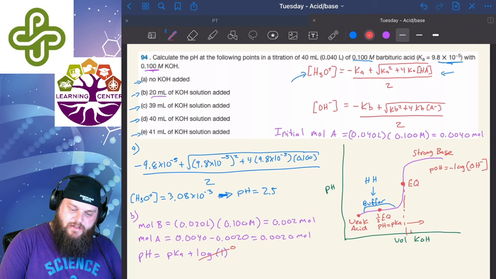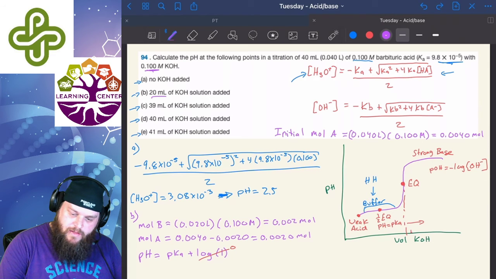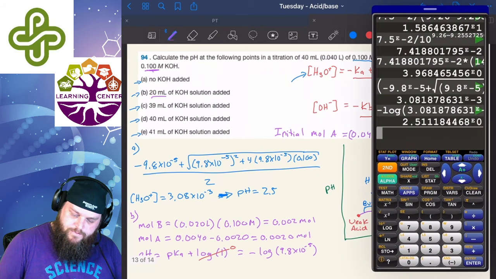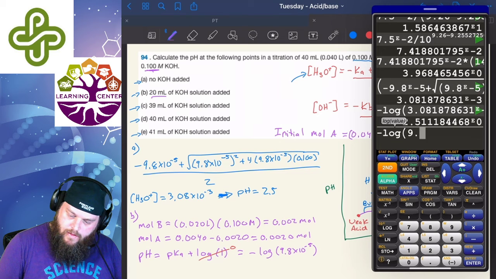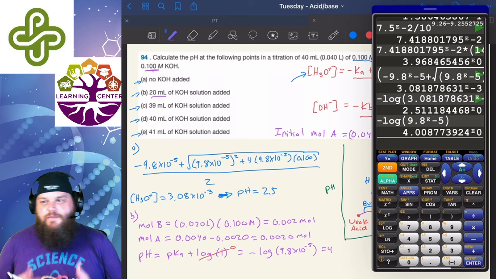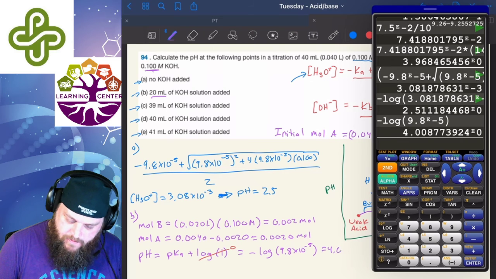So the pH is just going to equal the pKa at that point, which we can plug in and find out the negative log of 9.8 times 10 to the negative 5 is equal to 4. So at that half equivalence point, we have a pH of 4.0.